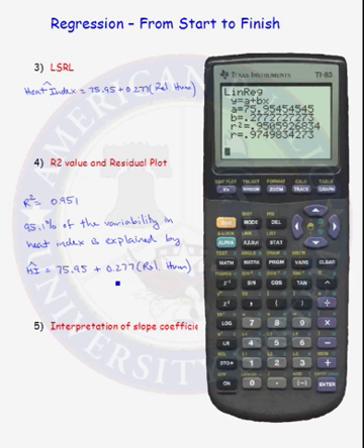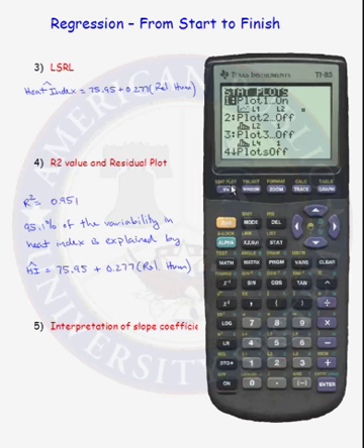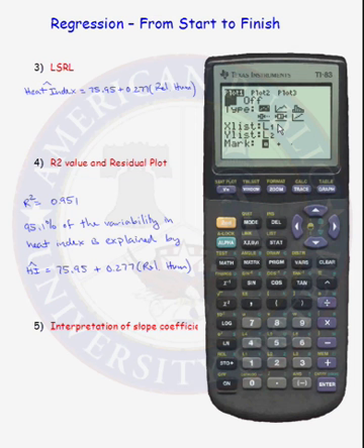Now let's look at the residual plot. That is a scatter plot of the residuals versus the X data used to construct the model. If we go to second stat plot, plot number 1, we want the X data to be our X-axis. We want the residuals to be our Y-axis. So we need to change L2 to our residuals.